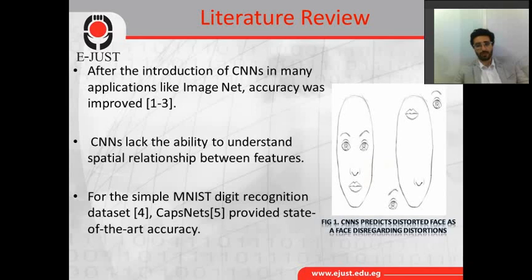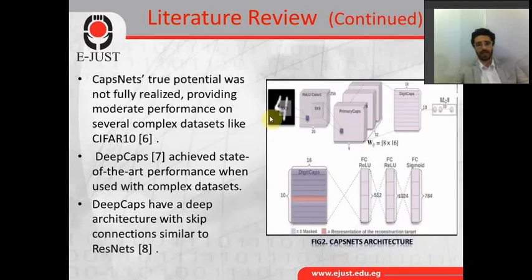Capsule networks recognize the distortion in the second image, and this is actually because of having a rich vector representation. As we see here, the capsule networks were tested on the MNIST dataset, and they produce the vectors in the following manner.